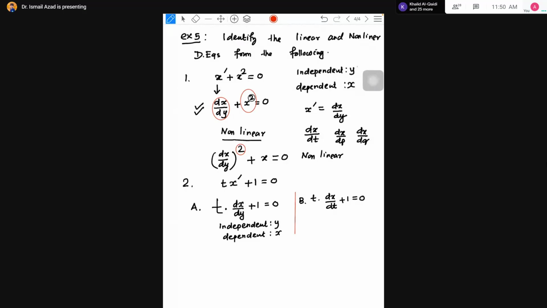Clear? Yes, I understand. Now the test said that the degree of the dependent variable must be 1. So the degree of the dependent variable now here is 0, so the dependent variable is not available here, only in the form of derivative.